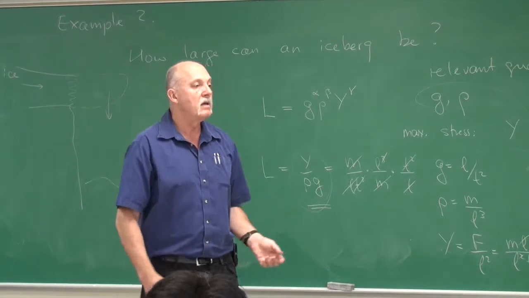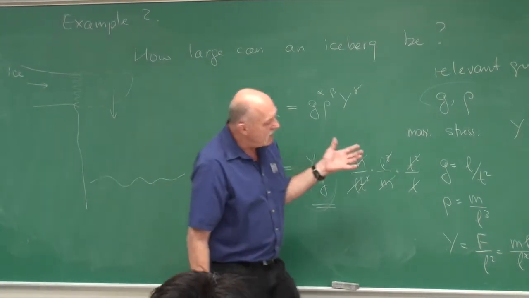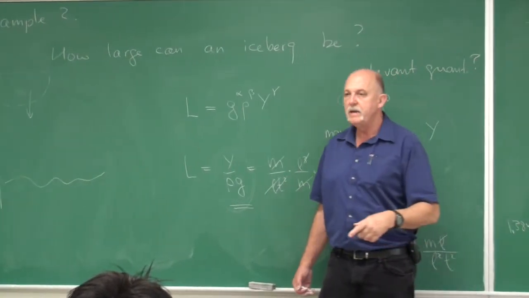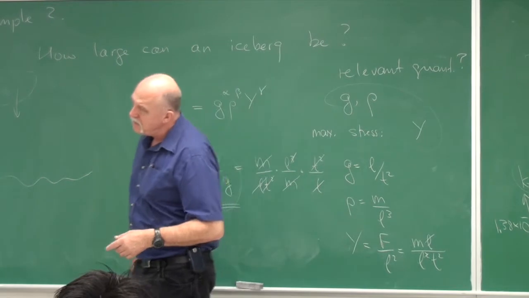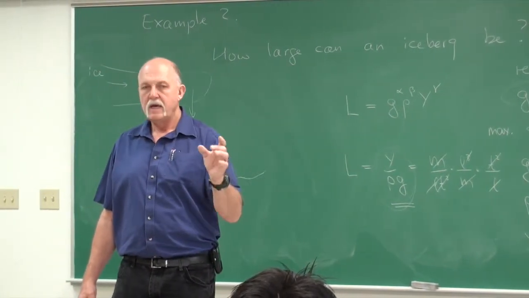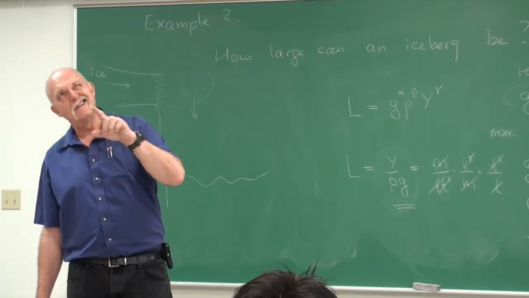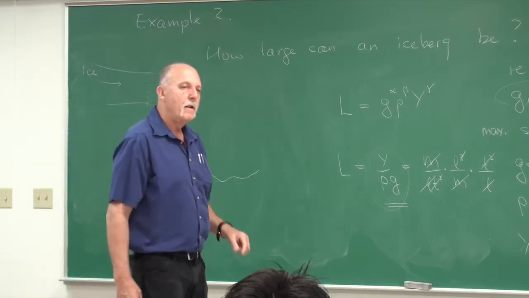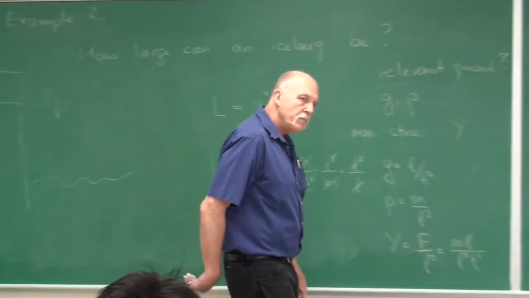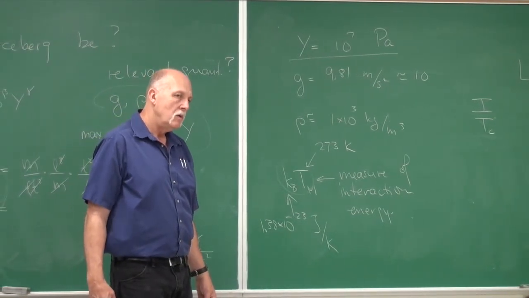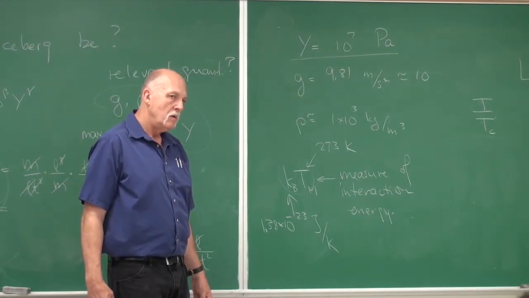So this is about 10 to the minus 21. And how big is a molecule? We just said a hydrogen atom has a diameter of 10 to the minus 10. But I think we need to divide not by the size of the molecule, but by the volume per one molecule in the ice.